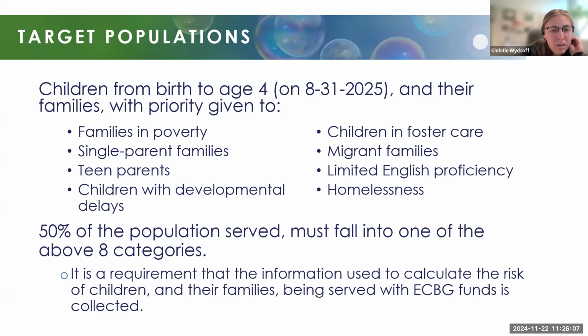Children without health insurance. Is that on here somewhere? We might have missed it. So that is included. I think it's in the RFP. I'm double checking right now. Yep, it is. It's the very last one on the RFP. I missed it. I apologize. So I will fix that on the slide before we post it.